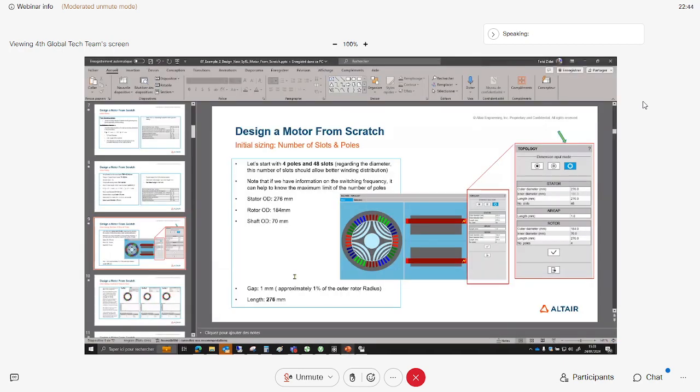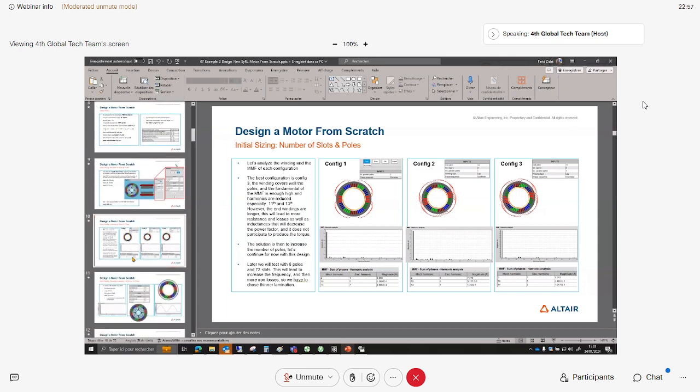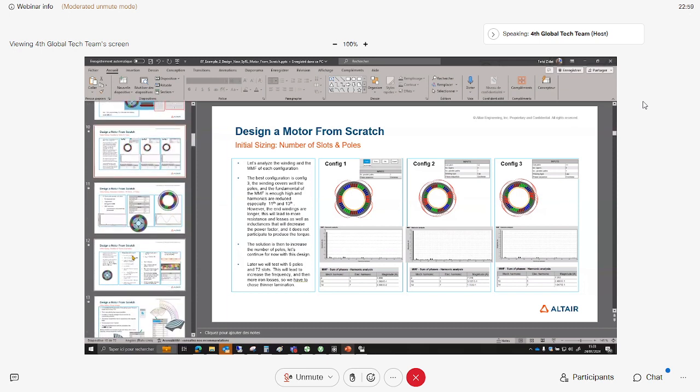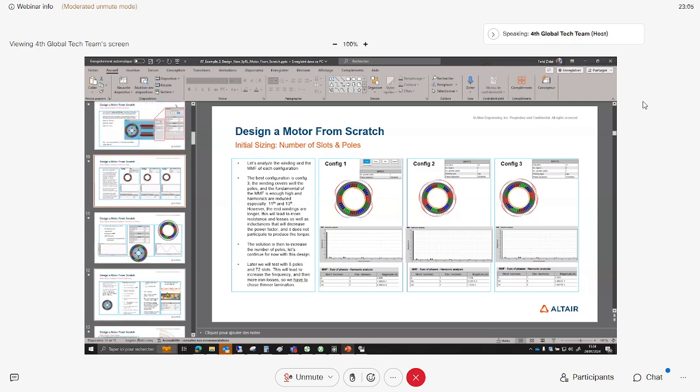Then on the next page, we will start with the stator. We are going to find the right winding. We are going to find the right number of turns later, and we are going to try to find the right rotor.